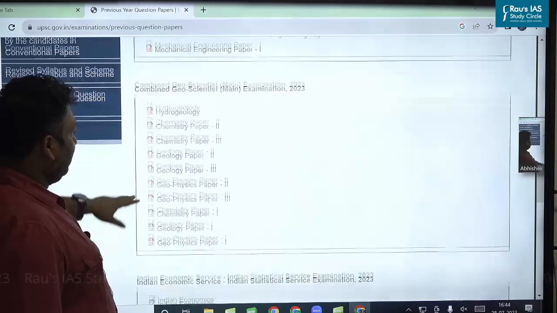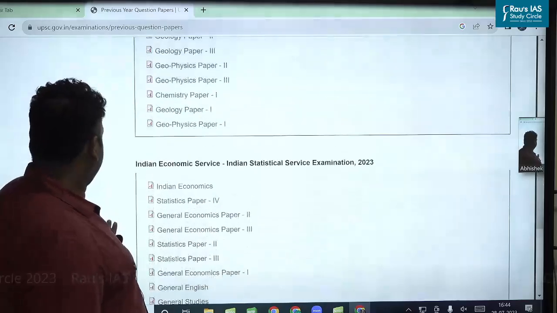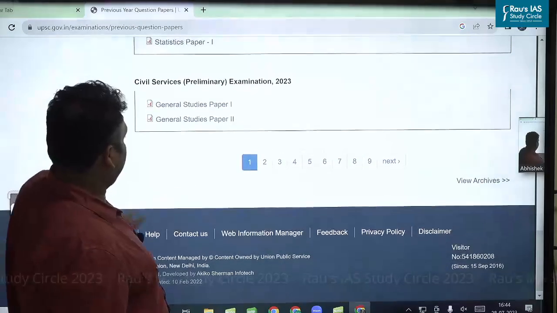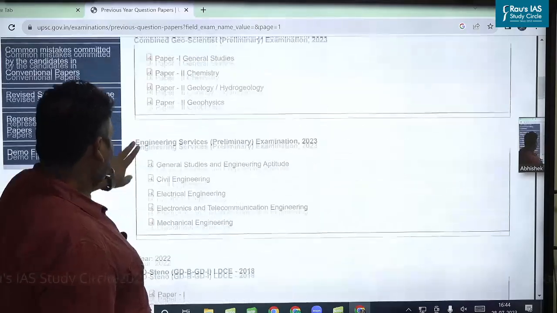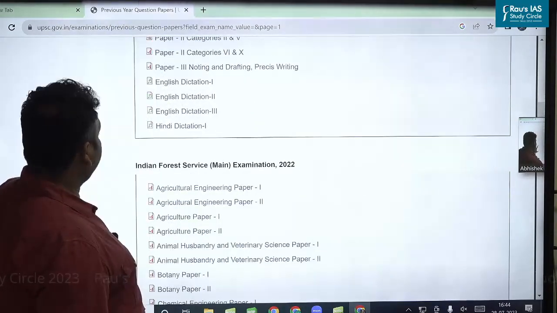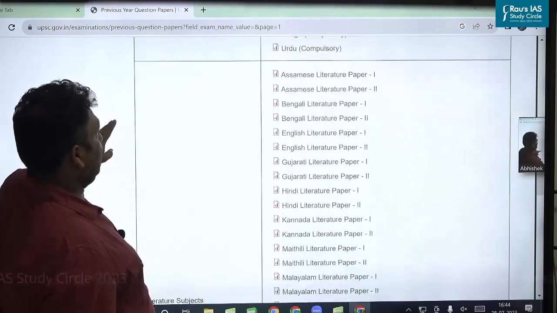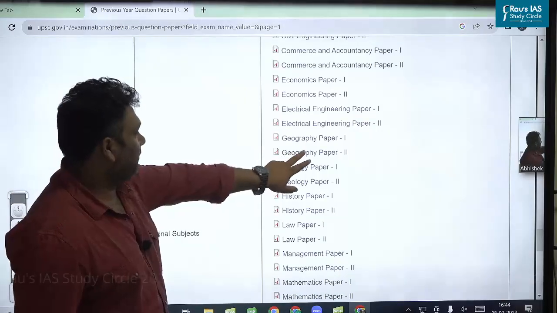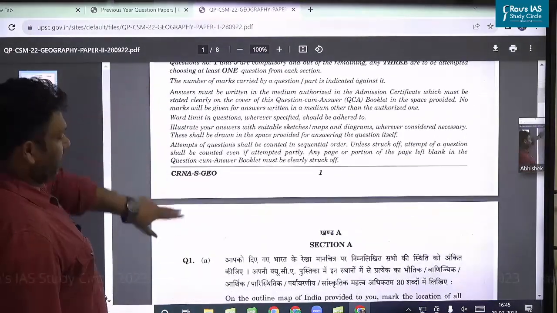See, if you think that there are no problems at all, if everything is good, then what is the need of civil servants? Is there any need? No, right? You're becoming a civil servant to solve some kind of problem or to improve the functioning. Geography is paper 2. See how many questions are critical in nature. So they have a negative connotation.